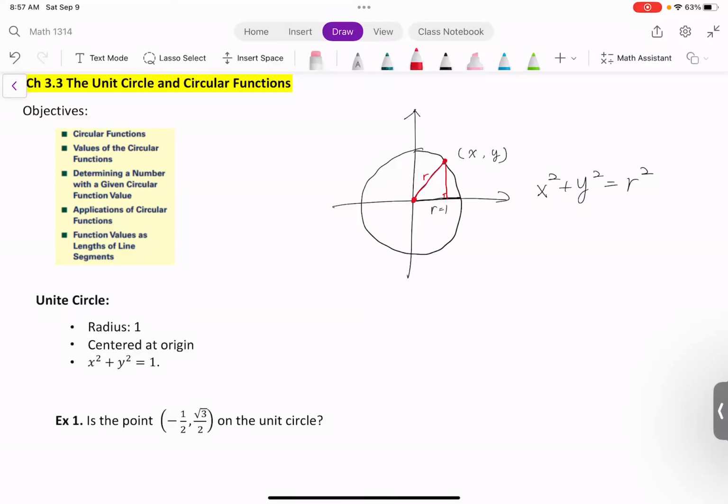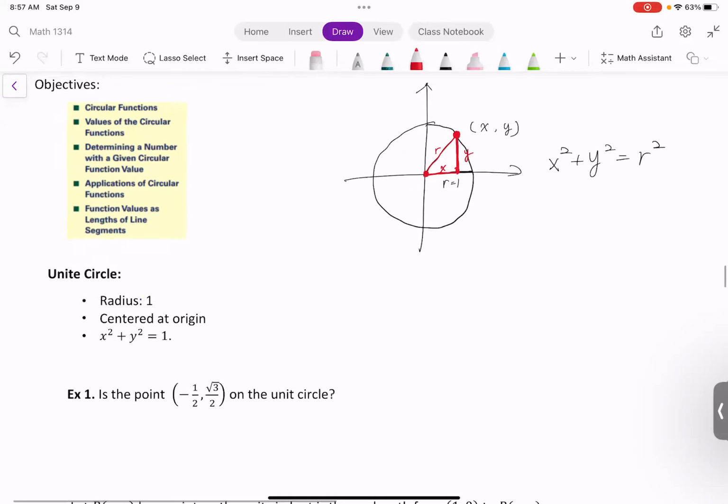And how about from the center to here? Is this the x? Yes, because my point is x comma y. So this distance is x. How about the height? This is the distance from this point, then draw a vertical line. This is y. Oh, this is a right triangle. So x squared plus y squared equals hypotenuse squared.